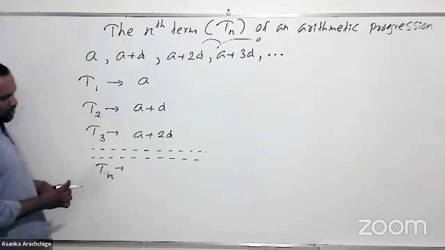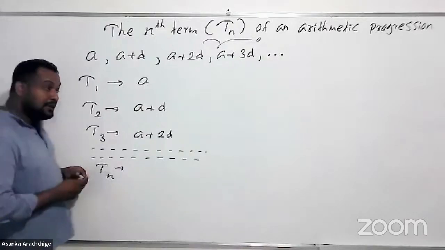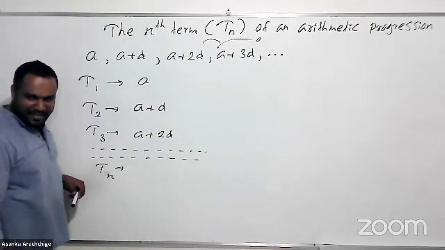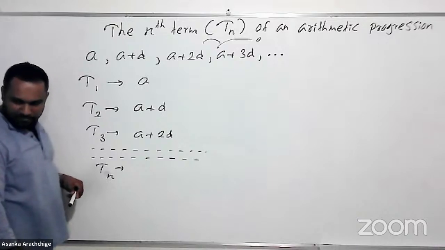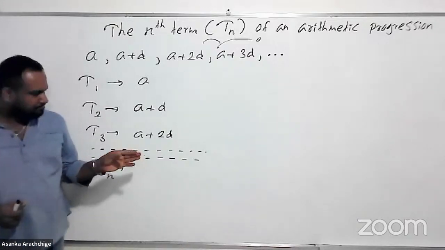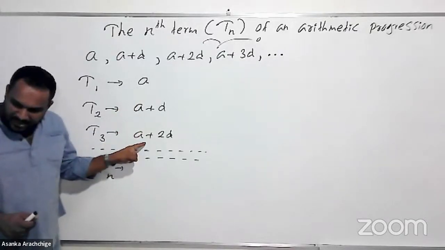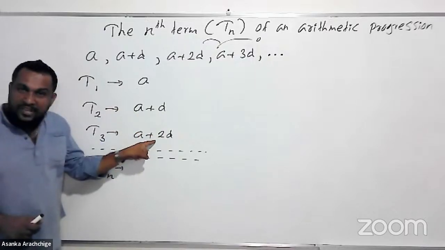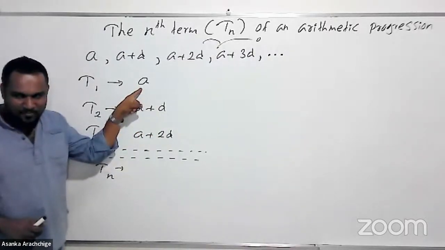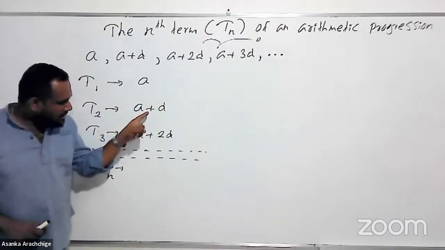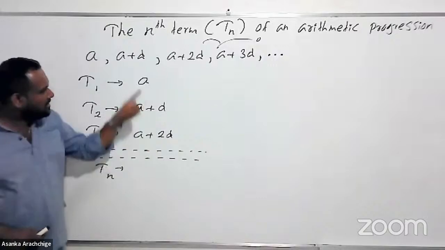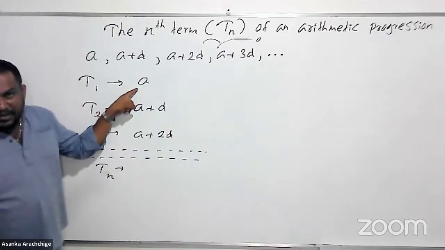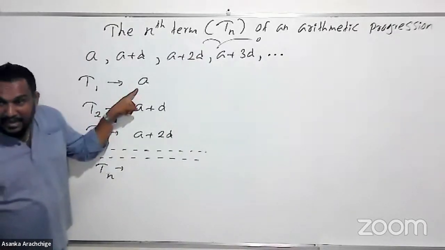Now we are going to identify the relationship between A and D in each and every consecutive term in the pattern. You can see that every term has both A and D other than the first term. But can't we write the first term also with both A and D?